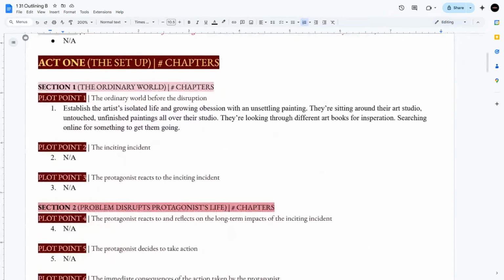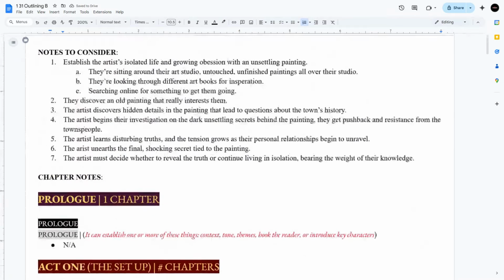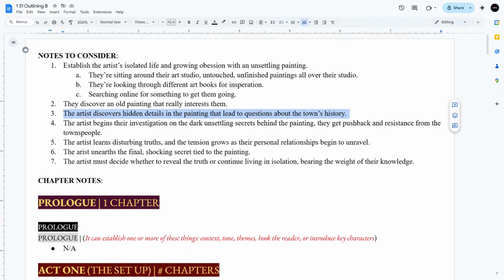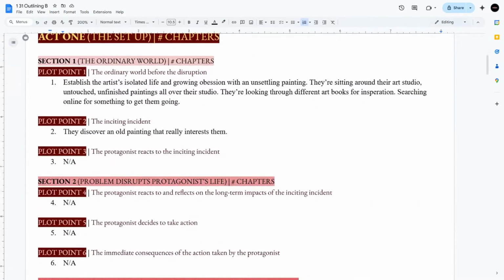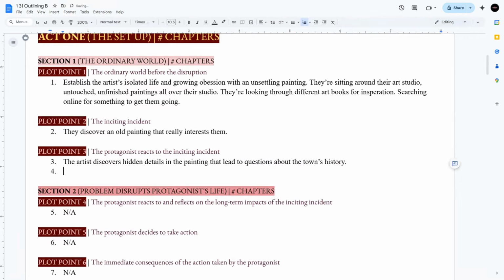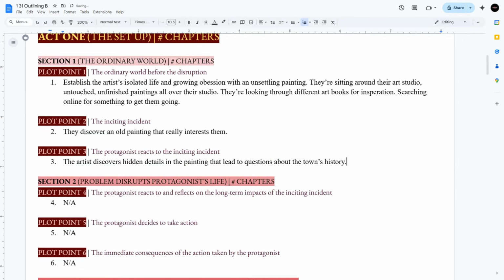This would be the inciting incident. And then it's good. That would be there, right?